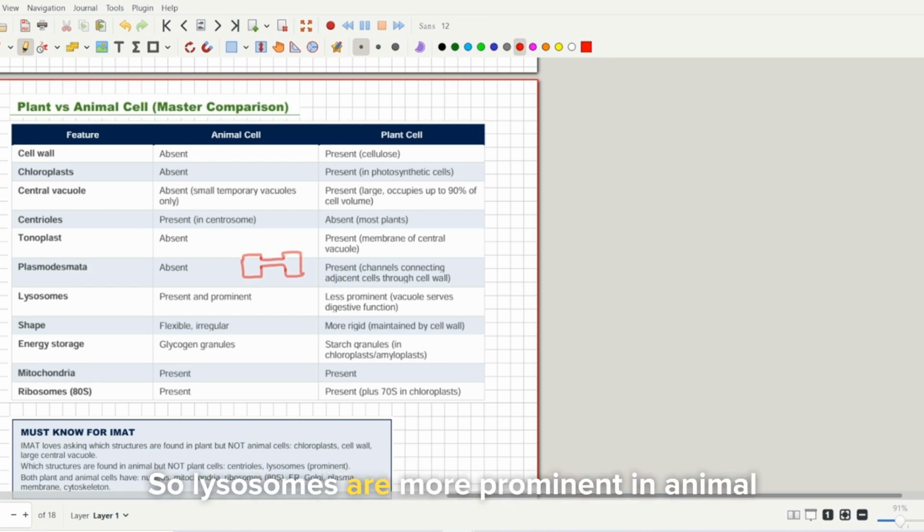So lysosomes are more prominent in animal cells, while in plant cells it is controversial. In some cells lysosomes are present, in most plant cells they are not present. In most plant cells the function is carried out by the vacuole. Vacuole also contains digestive enzymes, so vacuole can also do the function of lysosome in only plant cells, not in animals.